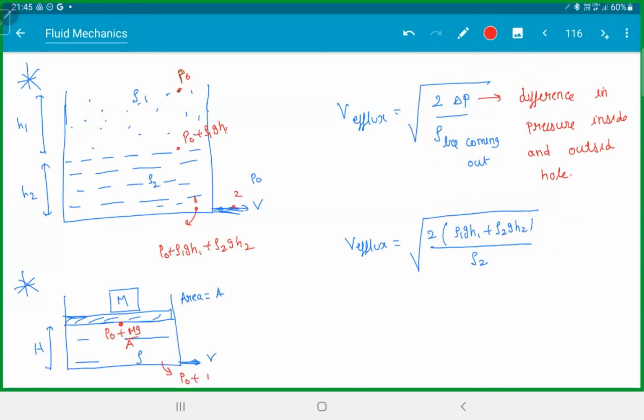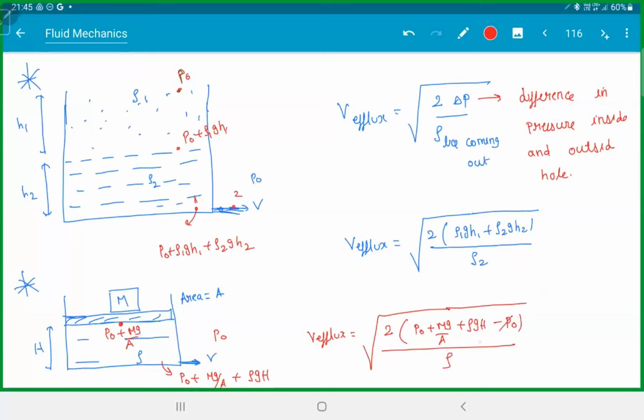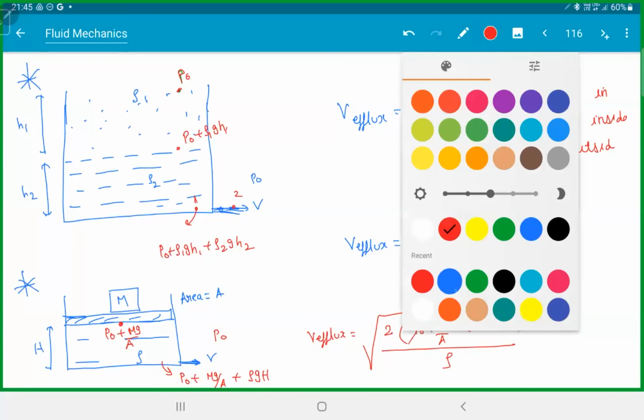P naught plus the weight by area plus rho g H. Outside the pressure is P naught. So here the formula for velocity of efflux will be root over 2 times the pressure difference. That will be P naught plus mg by A plus rho g H, that is the pressure inside, minus P naught, by rho. Easy?